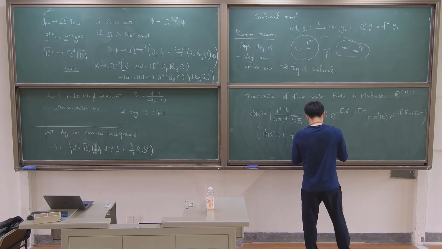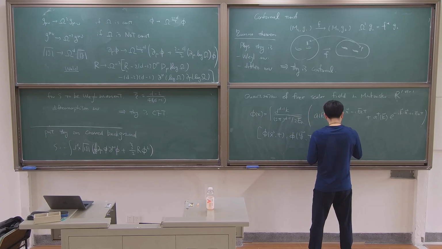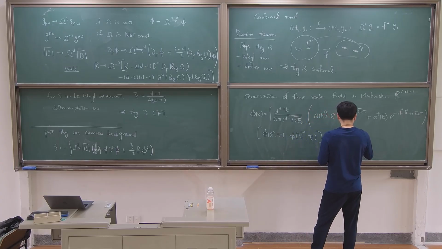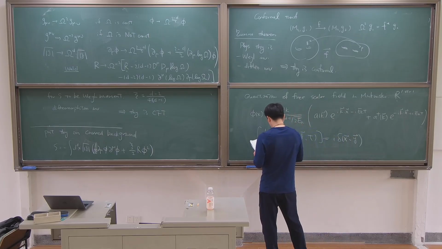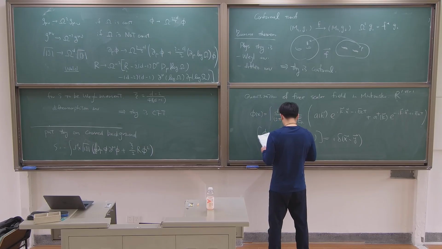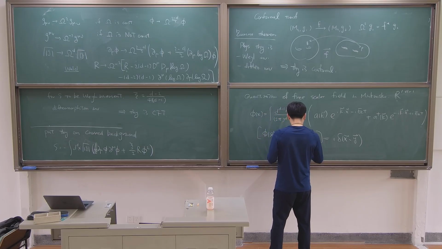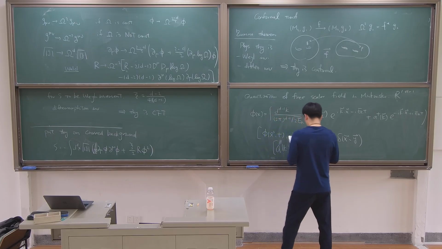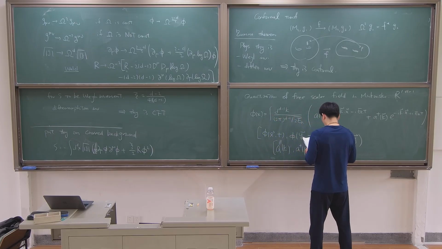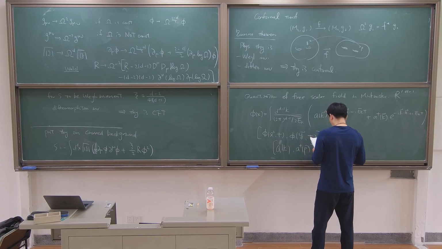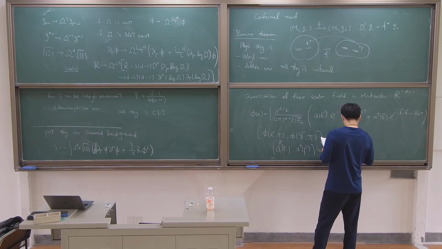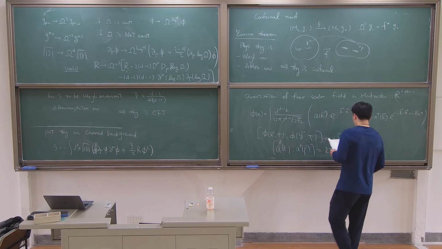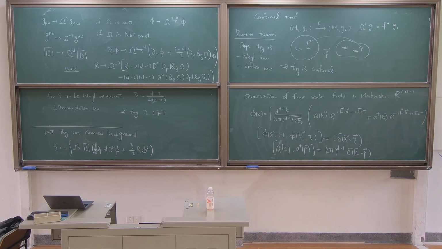So then this is delta x minus x', and this commutator is given by 2 pi to the d delta of k plus k'.